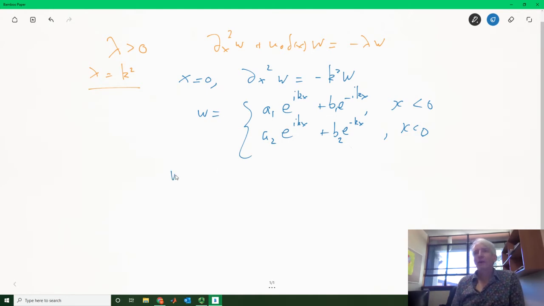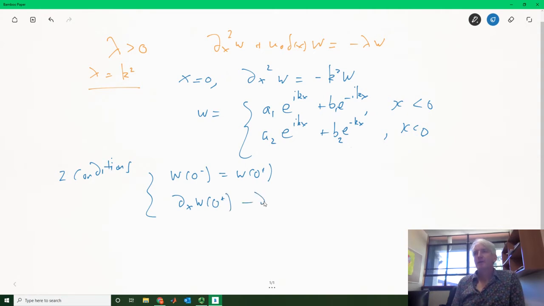And when we glue them together, we're going to get two conditions as before. We have w at 0 minus is w at 0 plus. Okay, so these are the two conditions. Then we have this condition about the jump.